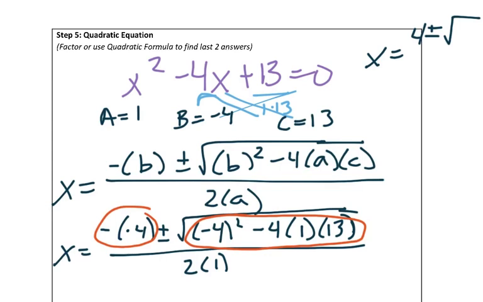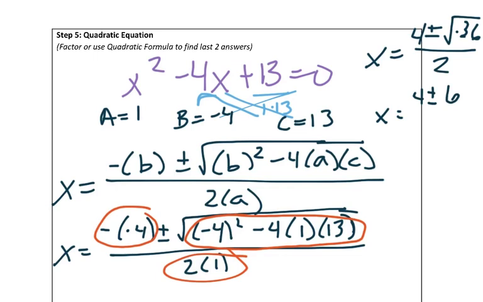And I get negative 36 in here. And then on the bottom, when I do this piece, I just get 2. So let's simplify that. Square root of negative 36, remember the square root of 36 is 6. But the negative underneath here becomes an i over 2.